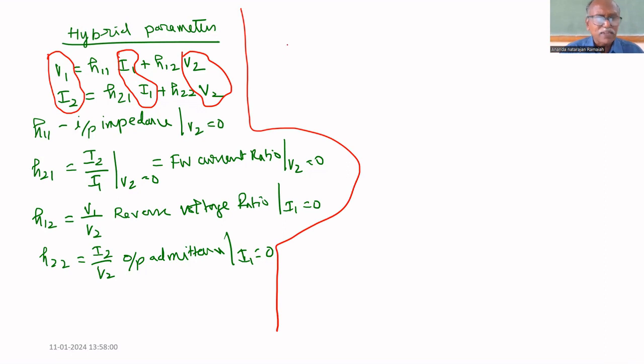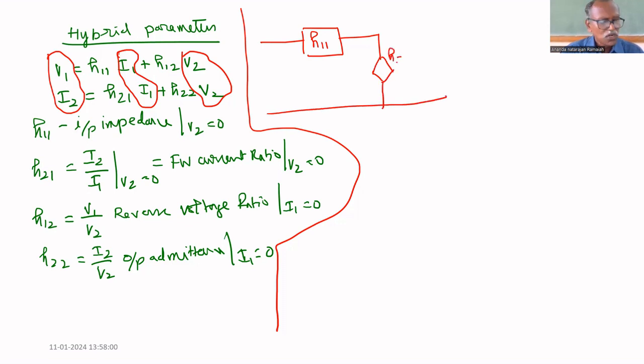This model is represented by H11. H11 is impedance. That's why it is in series with dependent voltage source H12 V2, with plus and minus.